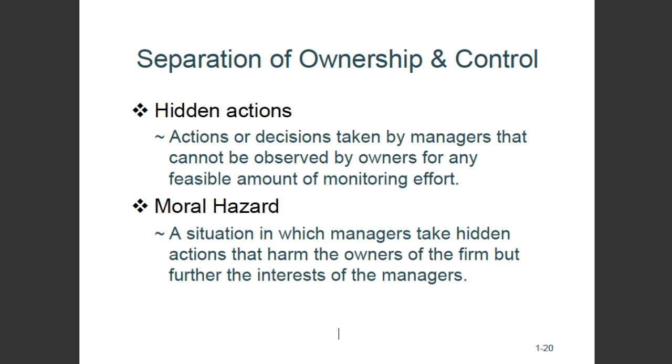And the owners wouldn't even know it. These hidden actions that could harm the owners of the firm, but further the interests of the managers, we refer to this as moral hazard.